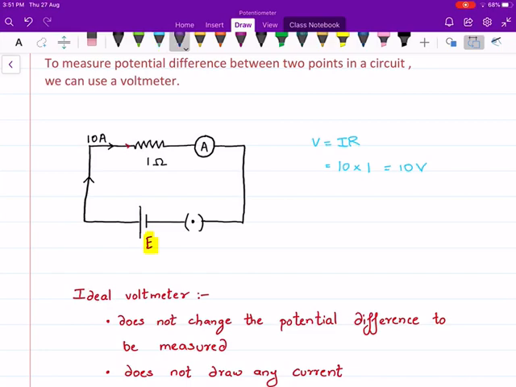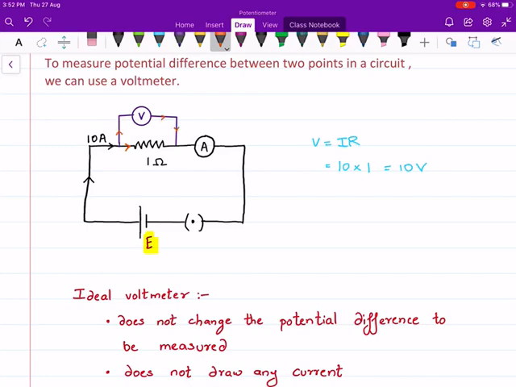Now to measure this potential difference, I am going to connect a voltmeter across this resistor. When I connect a voltmeter over here to measure the potential difference, what happens is this 10 ampere which was flowing through this wire through the 1 ohm resistance now gets divided into two parts. One part is going this way, and some small current out of this 10 ampere will pass through this voltmeter.